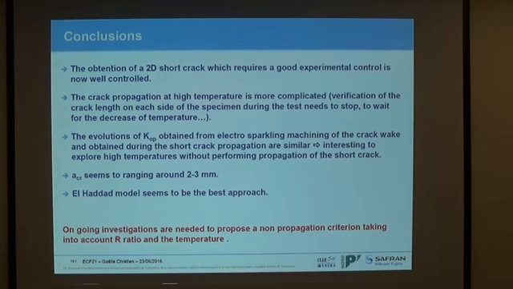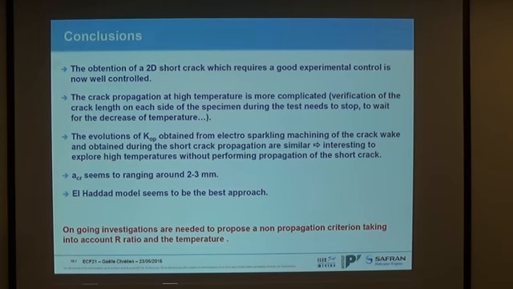So to sum up, the obtention of a 2D short crack is a 2D control. It's a quite difficult method, but we control it now. Short crack propagation at high temperature is more difficult because we have to verify the crack length on each side, and when the specimen is in the furnace, we use the DCPD method, but the sensitivity is not sufficient to verify precisely the crack length.